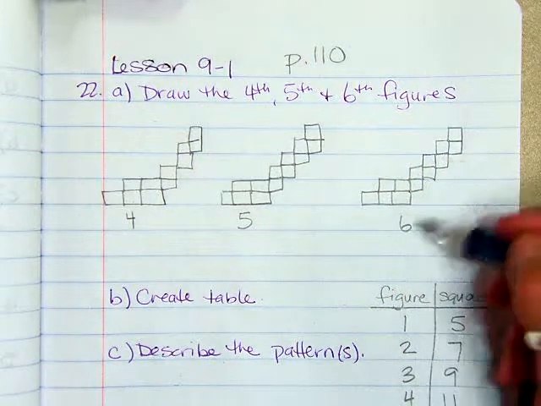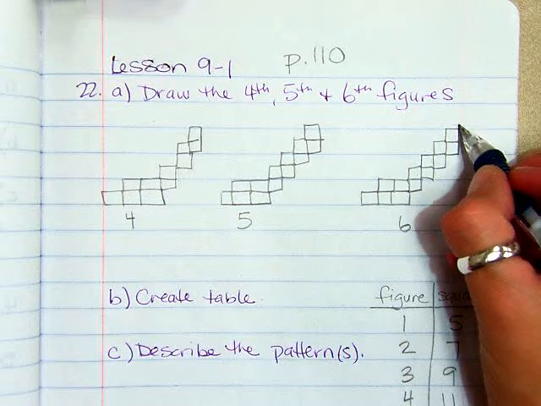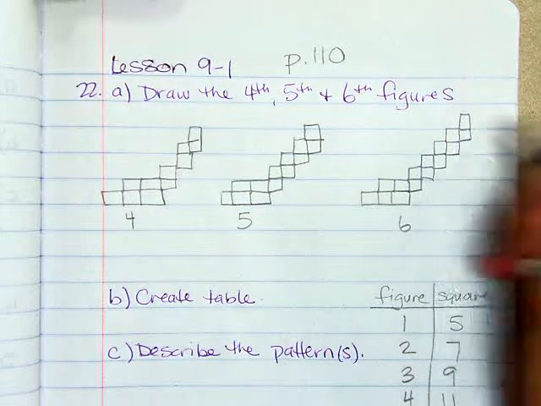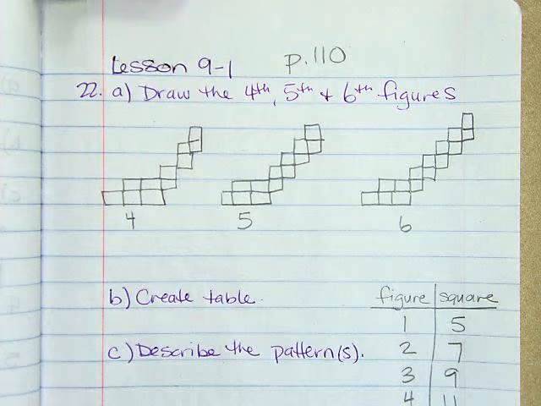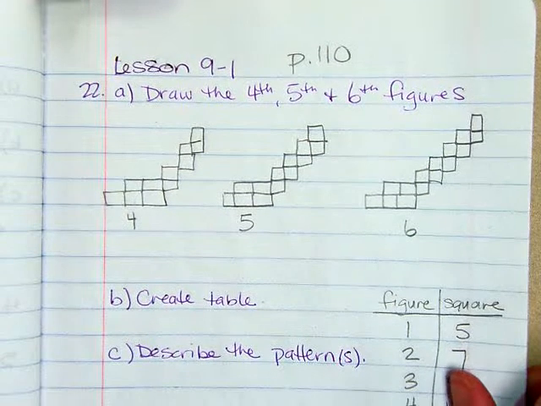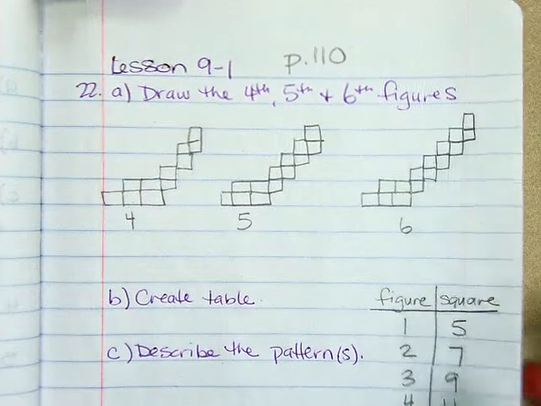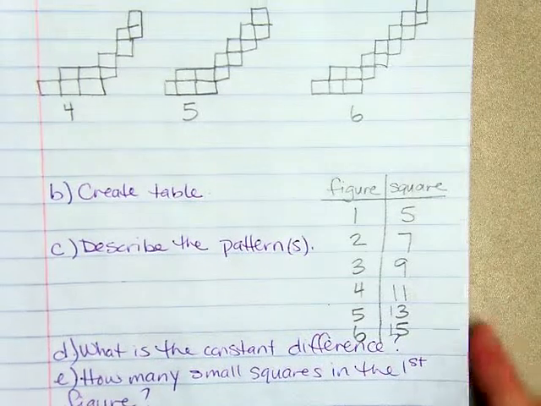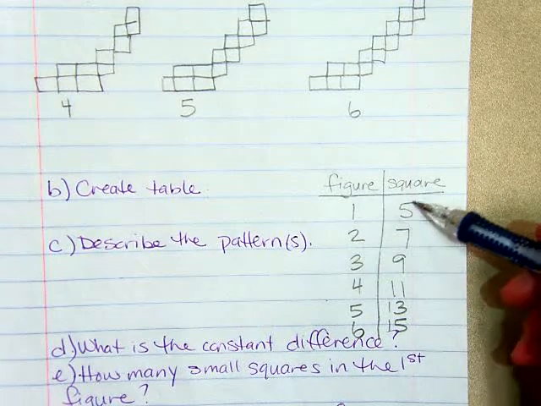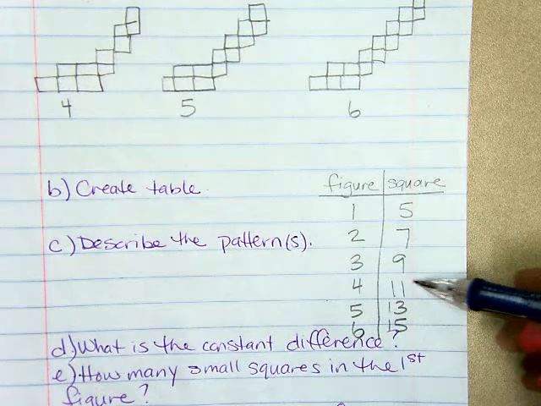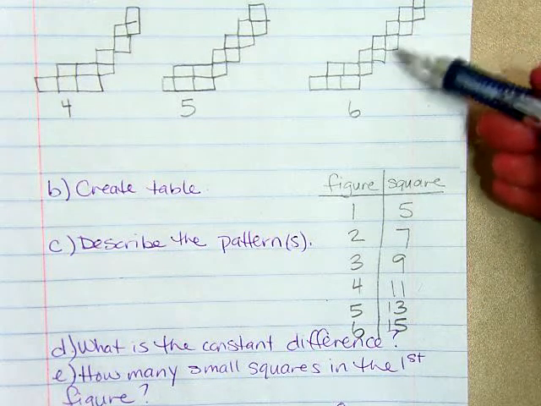So this is the same now as figure 5, and I just need to add 2 more squares onto the figure to give me 15. So that's what the pattern should look like for you, hopefully even neater than what I've drawn, because I'm not an artist. And then it says to create a table. So I actually filled it out as I was going. Figures 1, 2, and 3 are in your book, and then 4, 5, and 6 is what I just drew up here above.